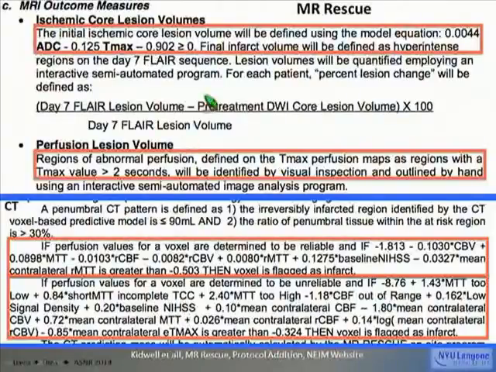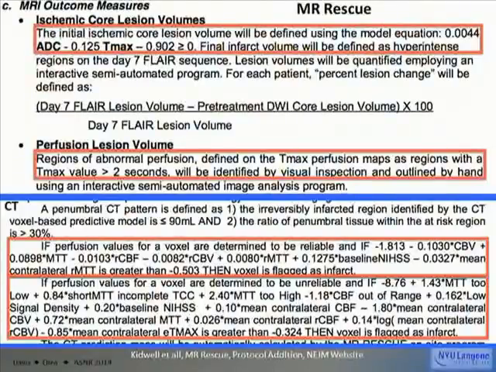For MR, they used the ADC and the Tmax. For perfusion, they used a Tmax greater than 2. For CT, they used this incredibly complex equation that incorporates mean transit time, cerebral blood flow, cerebral blood volume, and the NIH scale in the infarcted hemisphere and the contralateral hemisphere.